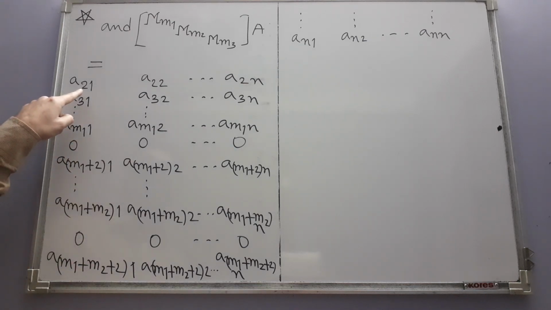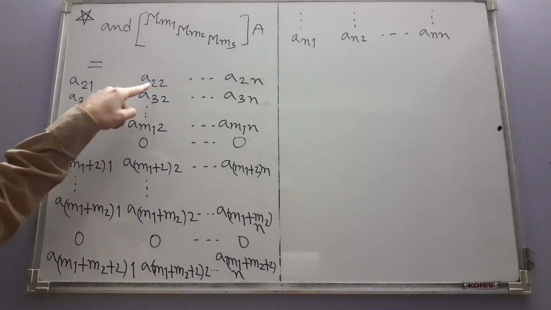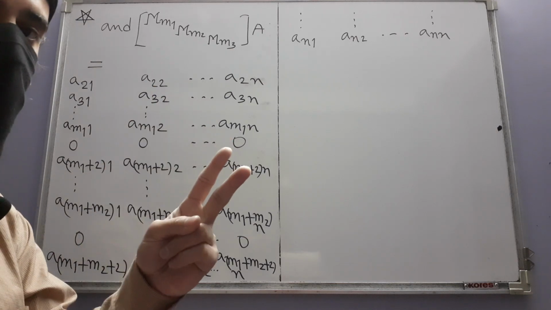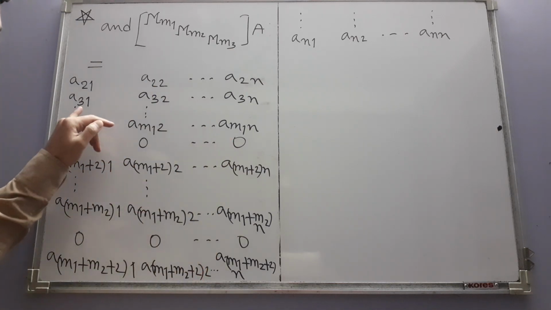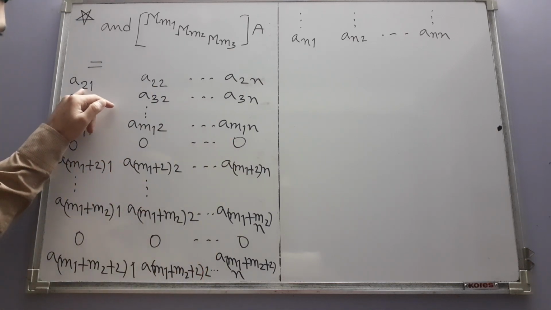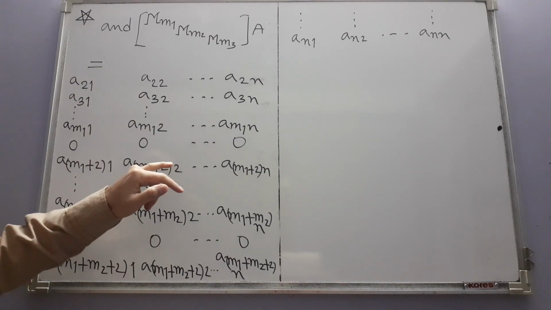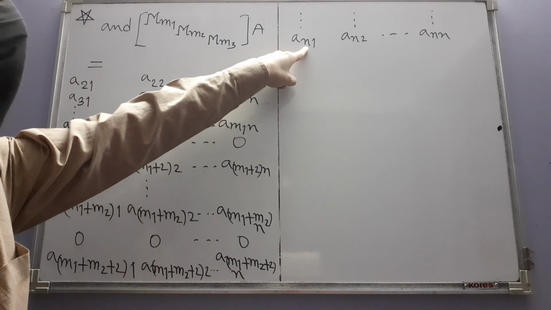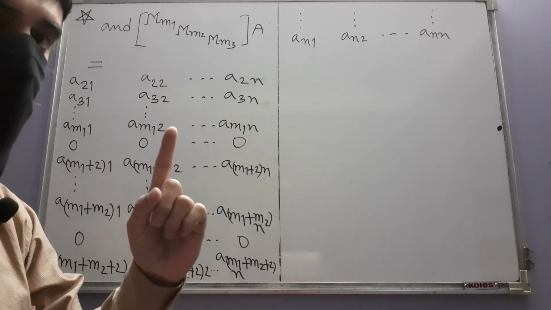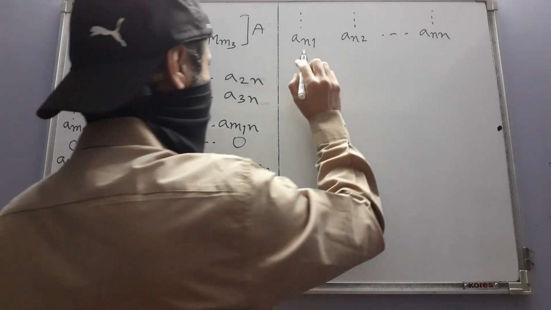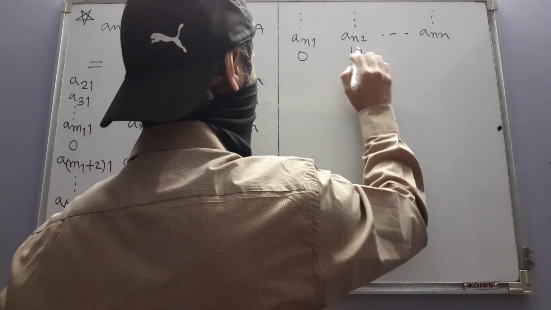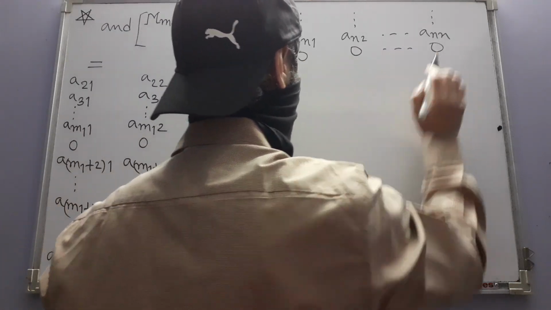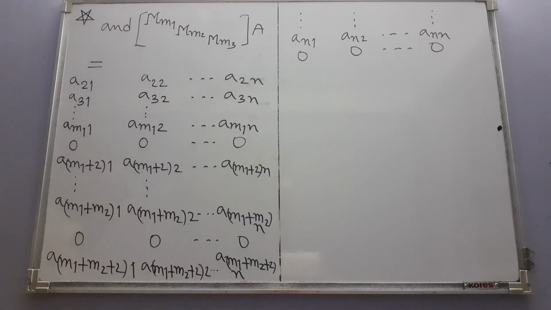Note that the first row corresponds to the first index 2, not 1. So that means the row number is 1 less than the first index. So this is the row n minus 1. There is one more row. And that last row is the 0 row. This is the entire matrix.